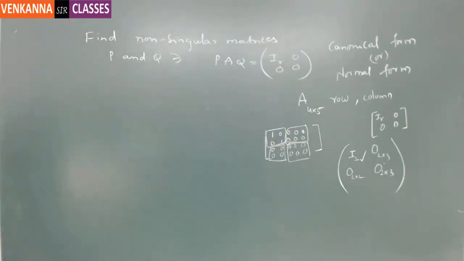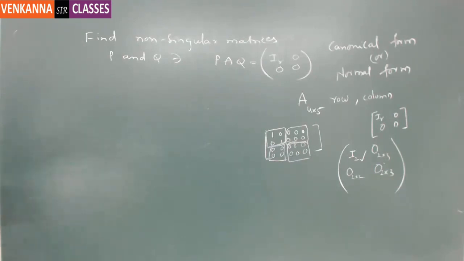In other words, whenever a matrix is given to you, whether it is a square matrix or a rectangular matrix, you are going to find two non-singular matrices P and Q such that on multiplying the three matrices P, A, Q, you get the IR 0 0 form, the normal form. After reducing, we will say what P is, what Q is, and what the rank of the given matrix is.